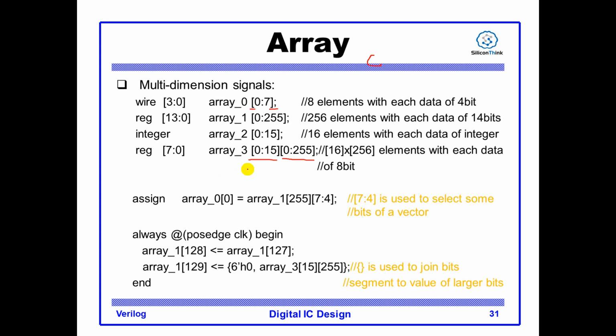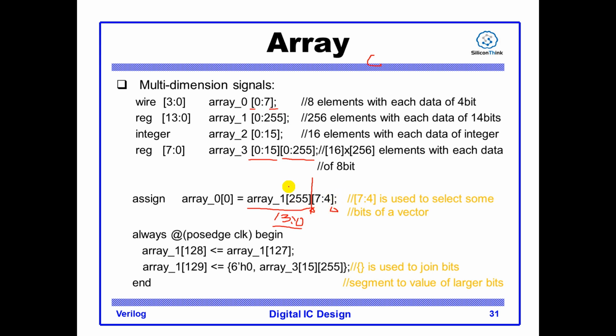After declaring, you can use it. So for this part, we select one element from this array. At this point, you have selected one element of 14 bits. Then you use this character to select only 4 bits from this 14 bits, that is bit 7 down to bit 4.